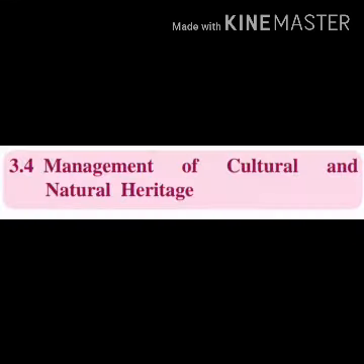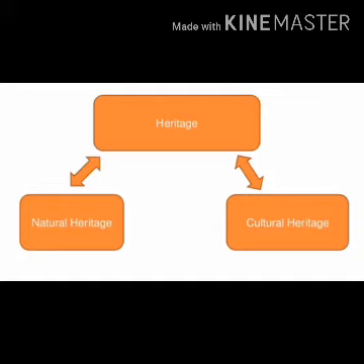Now let's learn management of cultural and natural heritage. Heritage is of two types: cultural heritage and natural heritage. Cultural heritage is in form of human creation. That means man-made heritage.